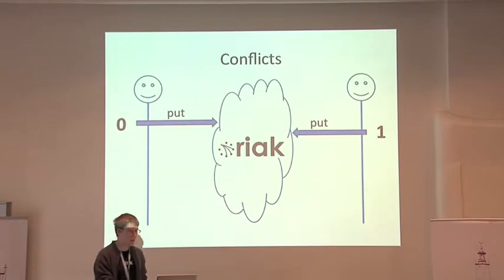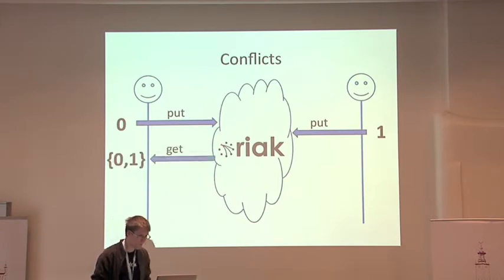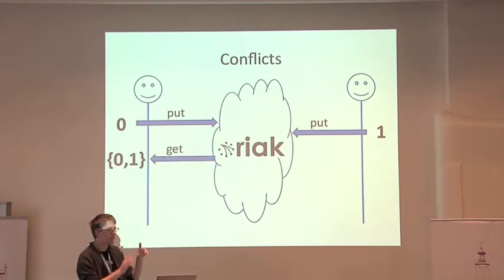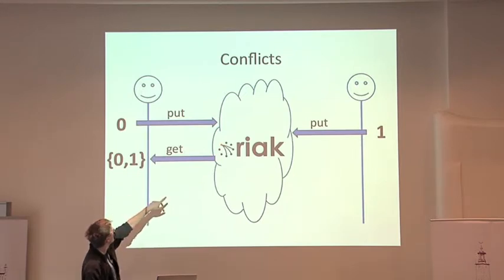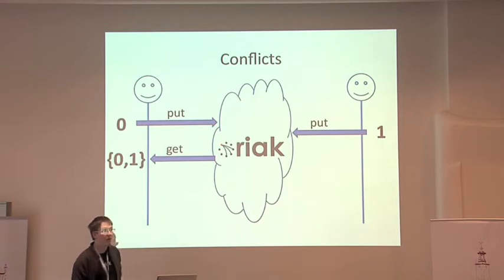What you get from the database if you read it after these two operations? Well, I think you can configure this, but the default behavior is that you just get a list of the possible values back. So you get sort of a conflict. We've got multiple writes here, and we don't know which one is more recent. So you get all of them.